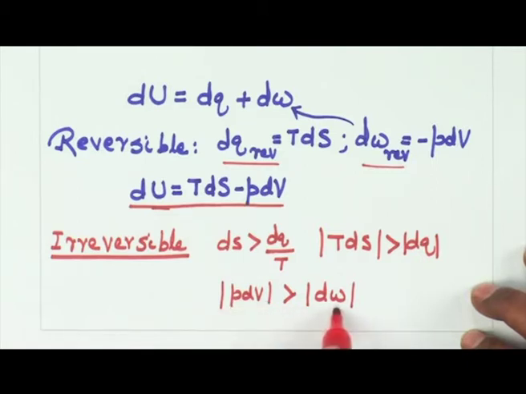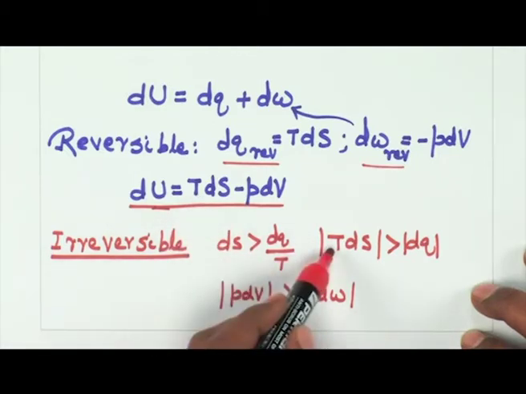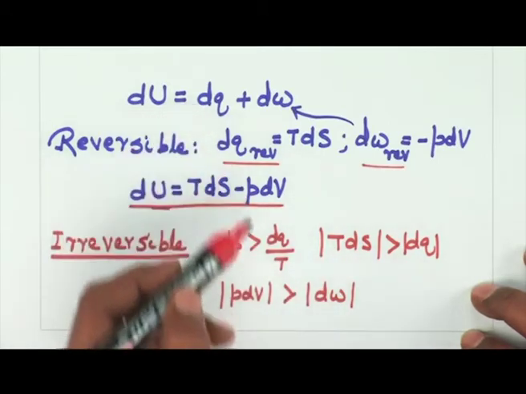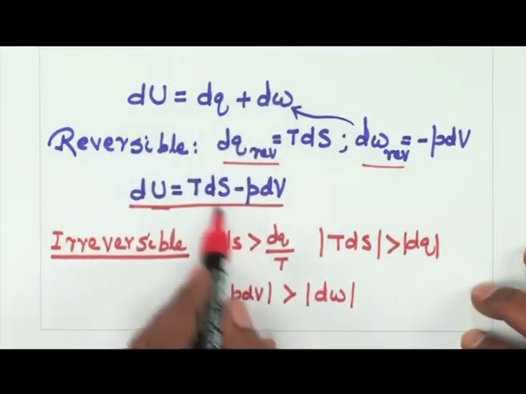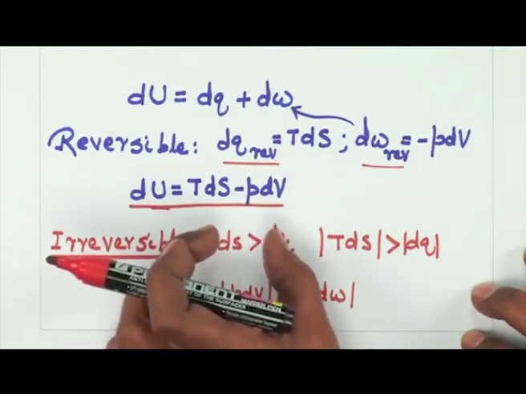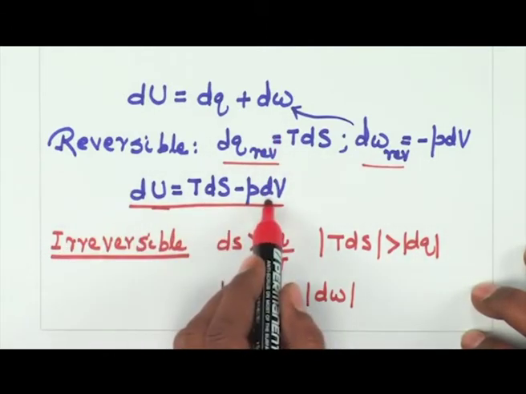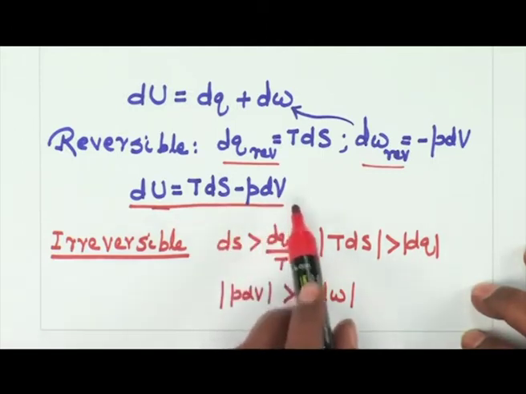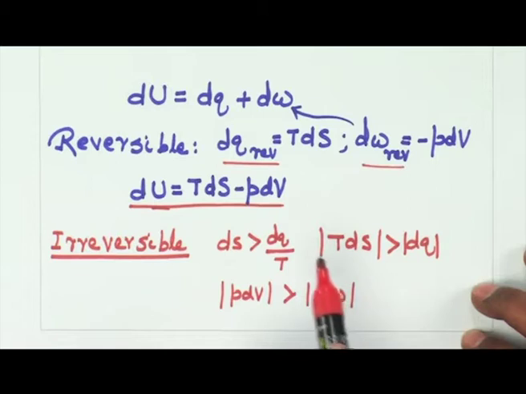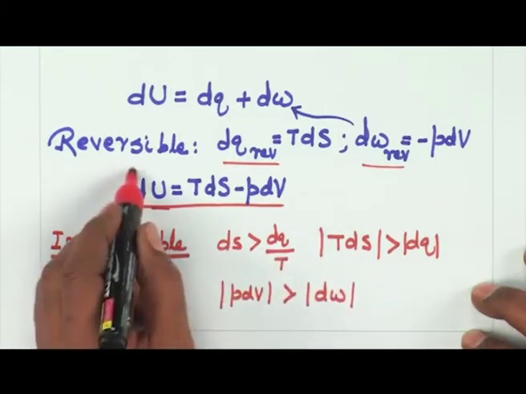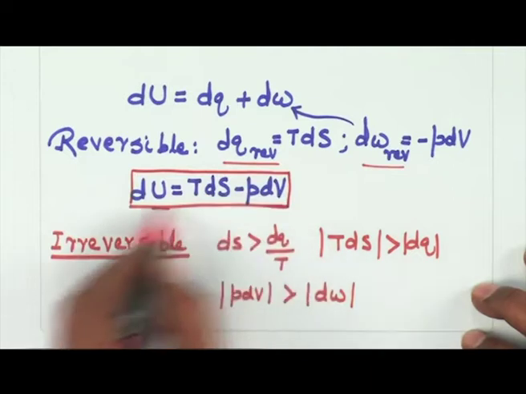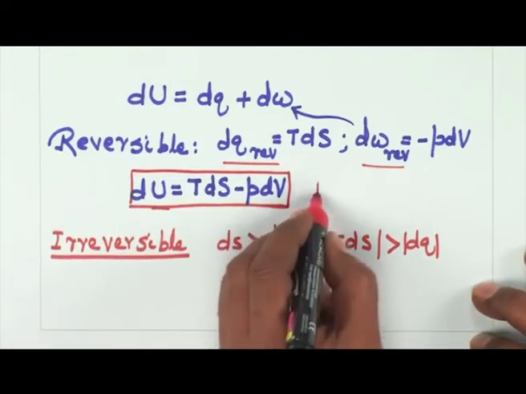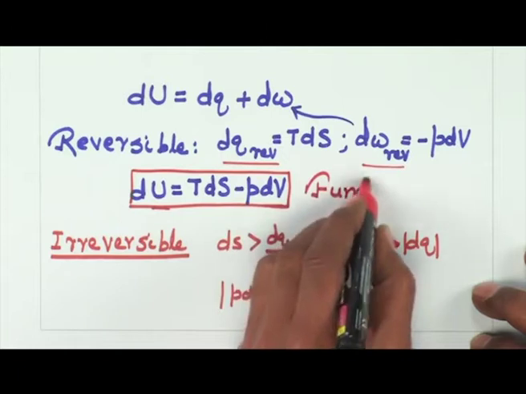So that will be more than the work done in an irreversible process. So TdS is greater than dq, and PdV is also greater than dw, their modes. So whatever is the increase in here, the same is the increase in here, so that the difference remains the same. So TdS minus PdV remains the same when the process is reversible or irreversible. Therefore, this is applicable to both reversible and irreversible changes, and this is called the fundamental equation.